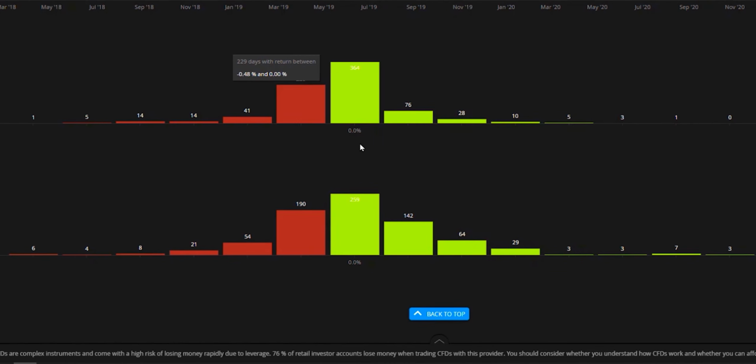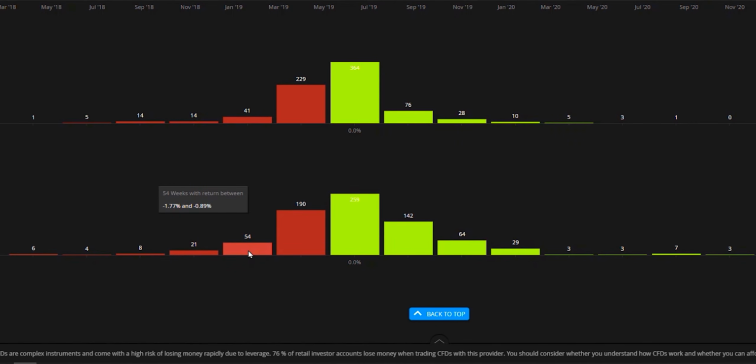Likewise, as we move outwards, we're looking for this bar here, where we can see there was 76 days with a range of 0.48 to 0.96% return, being bigger than this one that we see here for the corresponding negative values. And it's exactly the same on the weekly distribution chart.